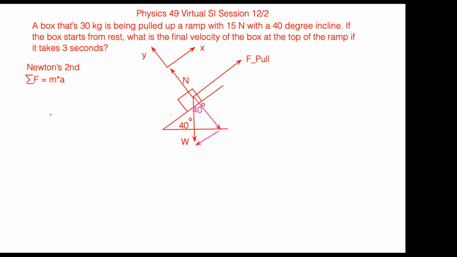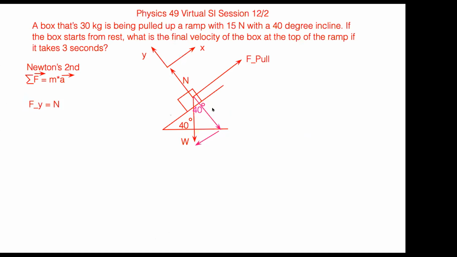So now we have this, and remember, forces are a vector quantity, meaning it's direction dependent. So what we want to do is sum the forces in the x direction and the y direction. So let's start with the y direction actually. So F_y is equal to, so we have normal force, and we also have this component of weight.